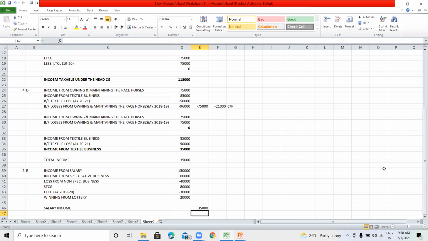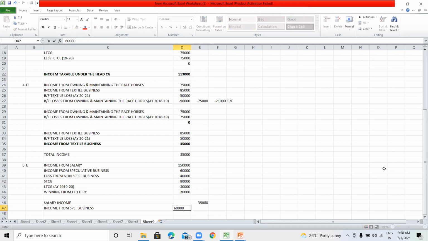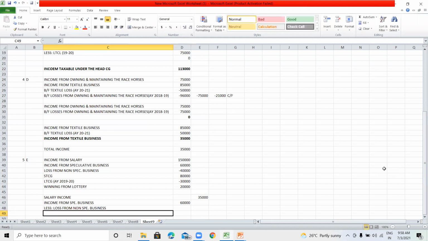Now there is the income from speculative business, 60,000, and the loss from non-speculative business, 40,000 rupees.